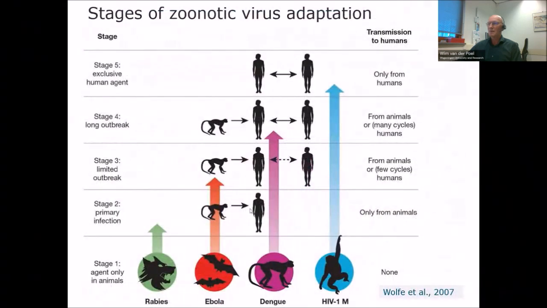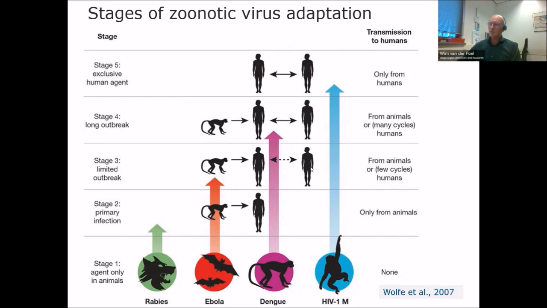There are different stages of zoonotic adaptation of viruses to humans. For example, if you look at rabies, there is only direct transmission from animals to humans. But when you look at more adapted viruses like HIV, you see full adaptation to the human field.